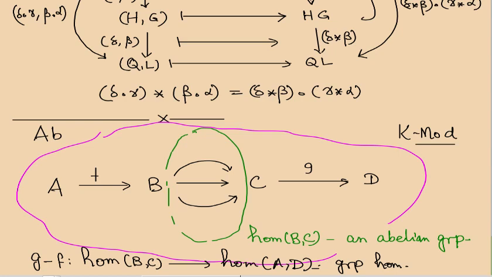So it is a little more than just being a category. The category itself comes with some more structure in it. So when we deal with such categories, we have to be a little more careful. I'll stop here. Okay.